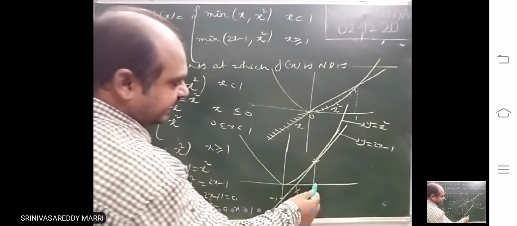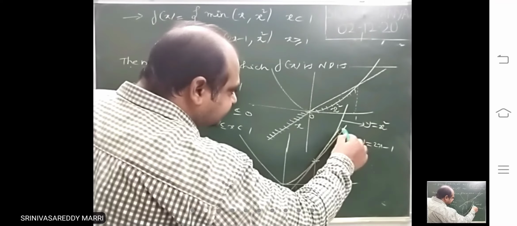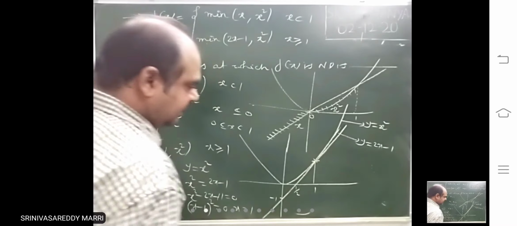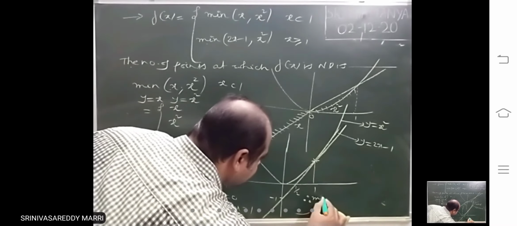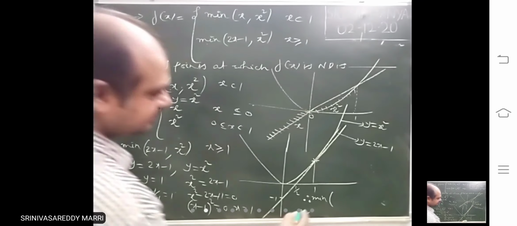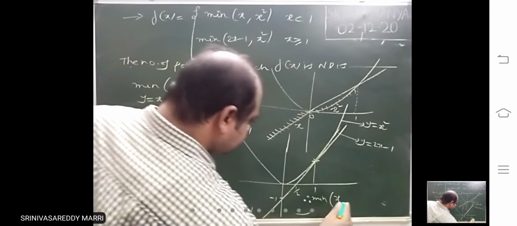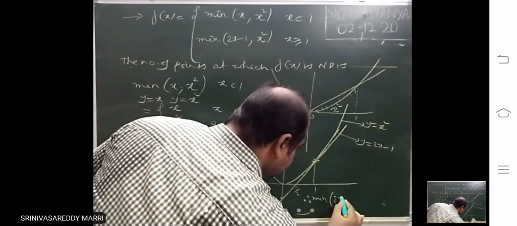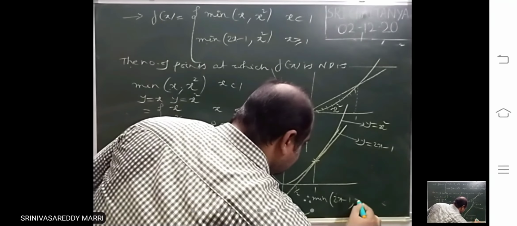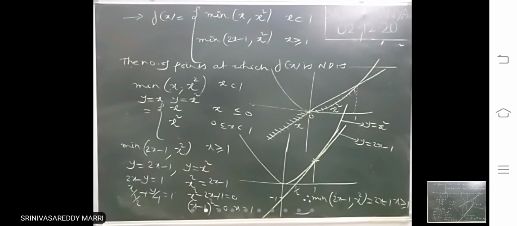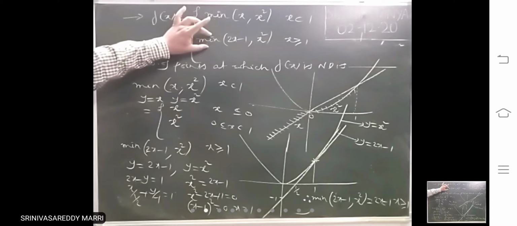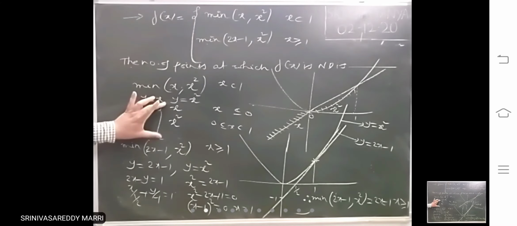That means when x is greater than or equal to 1, this line is completely below. Therefore the minimum of 2x minus 1 comma x square is 2x minus 1 when x is greater than or equal to 1. In place of this you can write 2x minus 1.